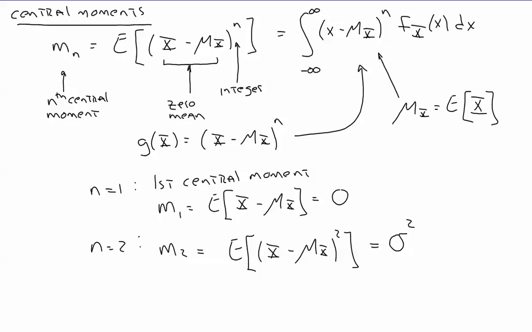My second central moment is the variance. Turns out that there are fairly handy ways of calculating variance without using the relationship in the upper right-hand corner. If I know the mean and the mean squared value of a random variable, I can find the variance very quickly. Let's look at that.